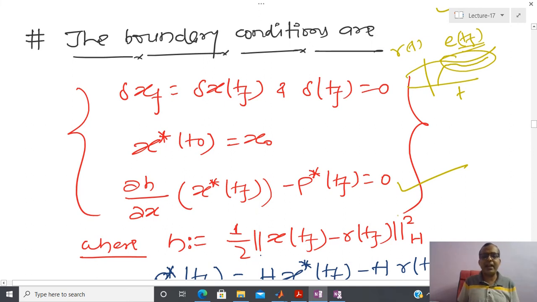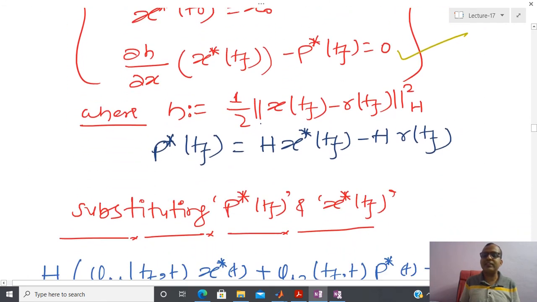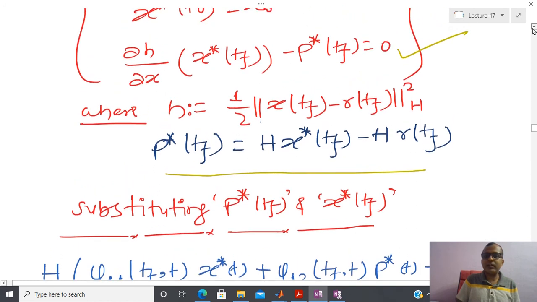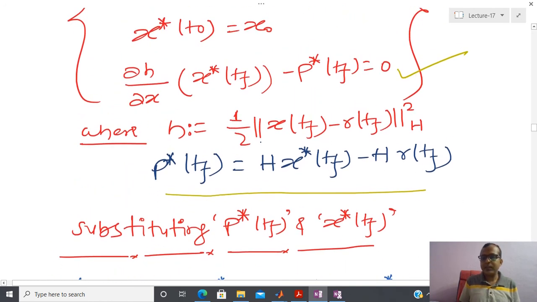I have discussed several times that H is nothing but the final error, x(tf) minus r(tf), squared, and H is a positive symmetric, positive semi-definite matrix. At tf you can see that I have this kind of expression, p star(tf) equal to H x star(tf) minus H r(tf), by solving this particular boundary condition equation.